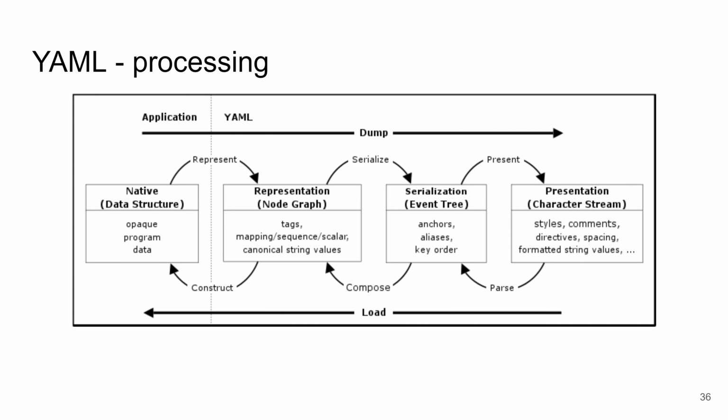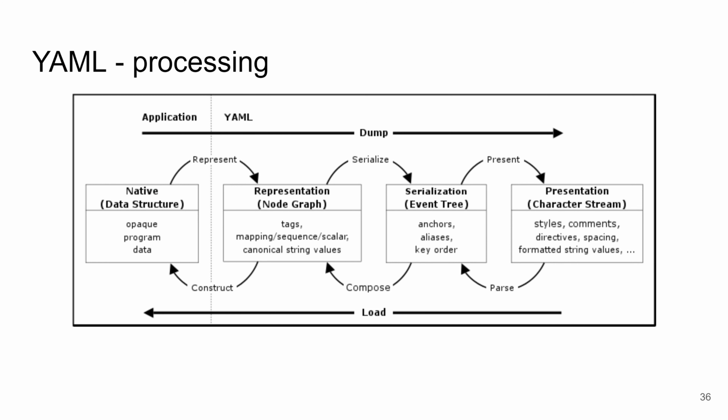This event tree then gets composed into a representation where there are no longer any anchors and aliases because those are duplicated, and there you have nodes and tags and so on.